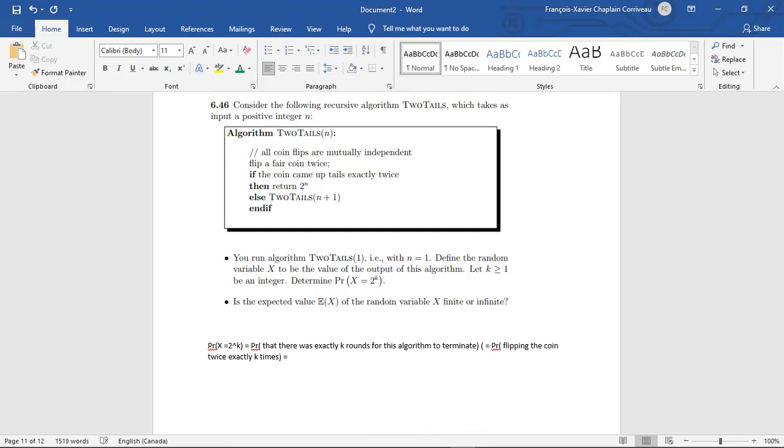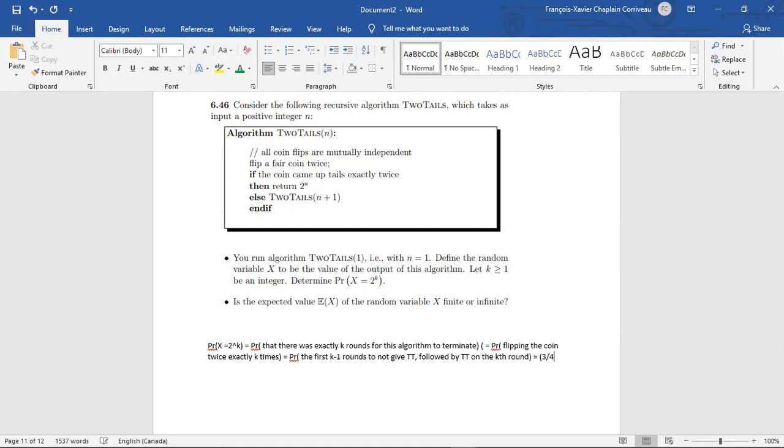Now, what is that probability? Well, this is equal to the probability of the first k minus 1 rounds to not give tails, followed by tails on the kth round. And now this is pretty easy to deal with.